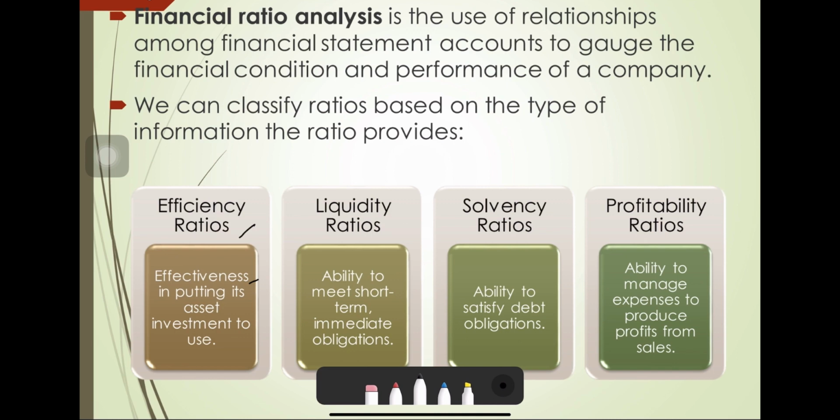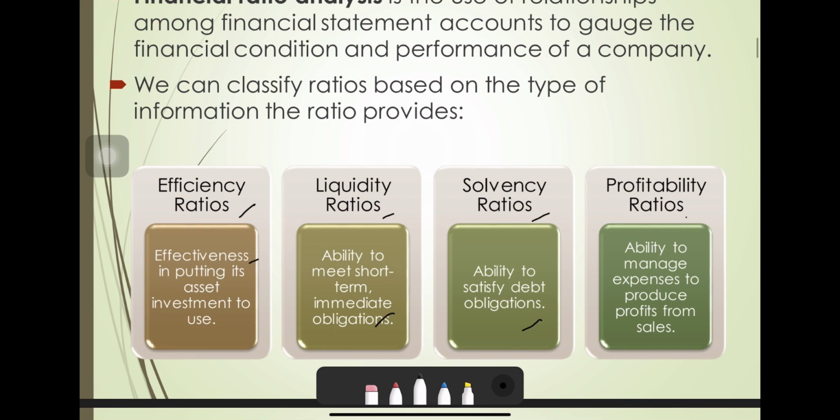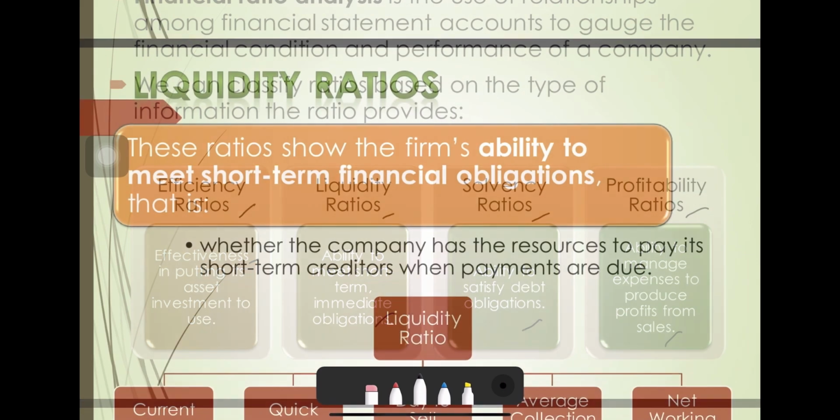And then number 2, liquidity ratio, we are going to look at the ability of the company to pay its short-term obligations. And then the solvency ratio, we are going to look at the ability of the company to satisfy debt obligations. And then the last one is the profitability ratios. Okay, we're going to look at the ability of the company to manage expenses to produce profits from sales.